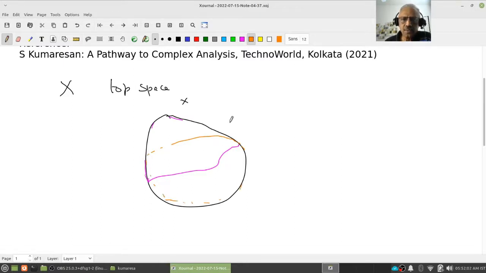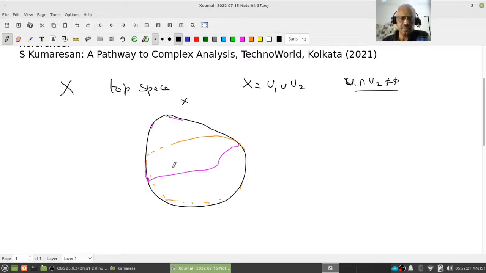What we are assuming is that X is the union of U1 and U2, and U1 intersection U2 may or may not be empty. But if X is connected, then U1 intersection U2 will be non-empty. At present, I don't need that.